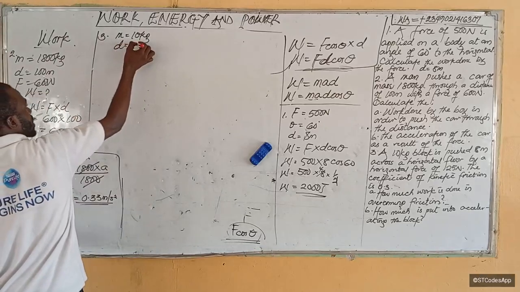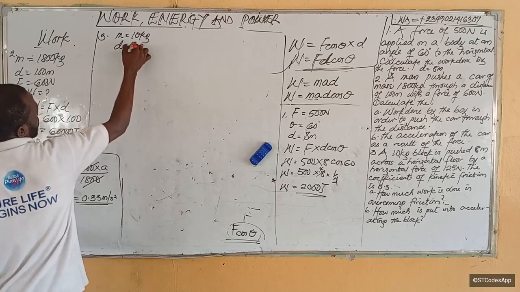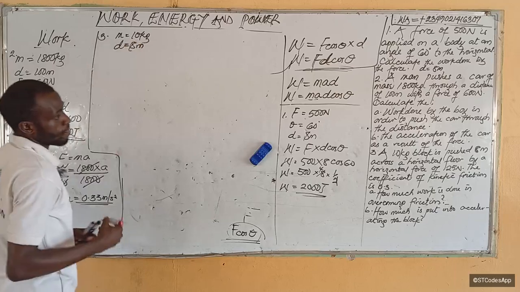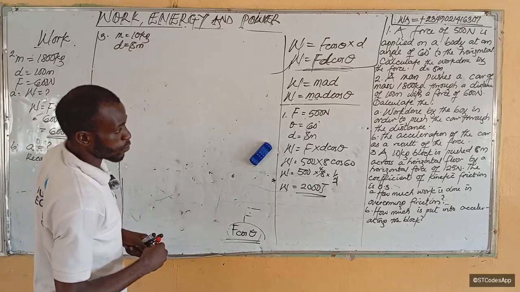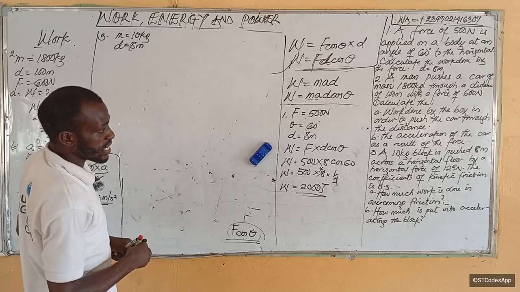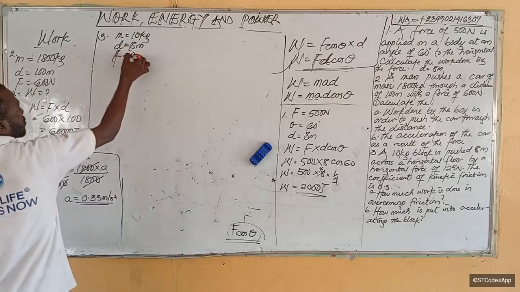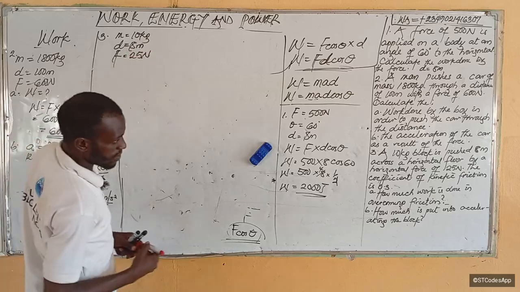The distance moved is 8 meters, across a horizontal floor by a horizontal force of 25 Newton. The force applied is horizontal and the magnitude is 25 Newton.